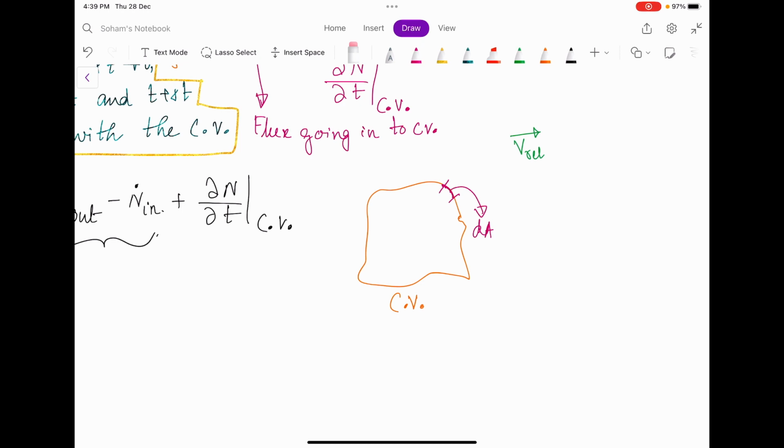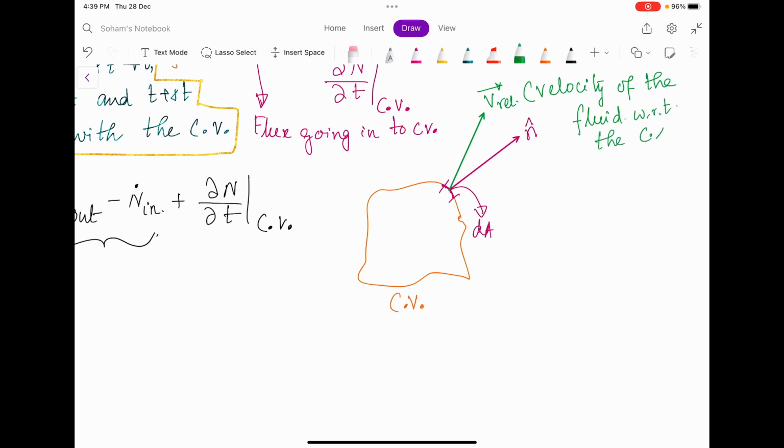So I think I should switch the area normal, because this is more likely to be the area normal. So this is n cap, the area normal, and this is the velocity relative to the control volume. This is generally the velocity of the fluid, though it is true for a solid also. So the velocity of the fluid with respect to the control surface.